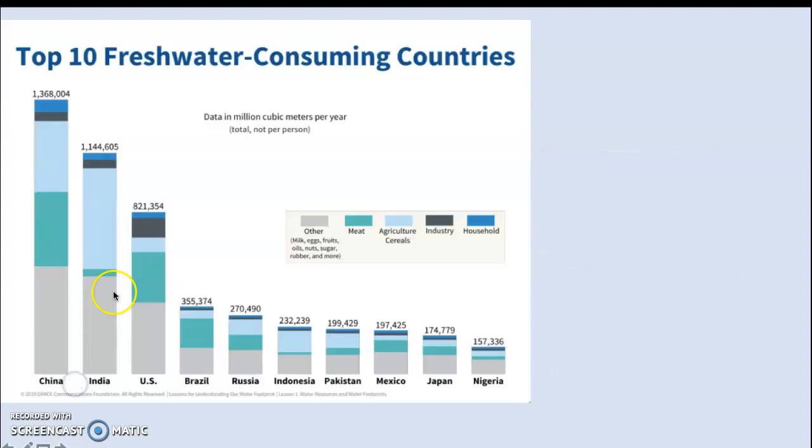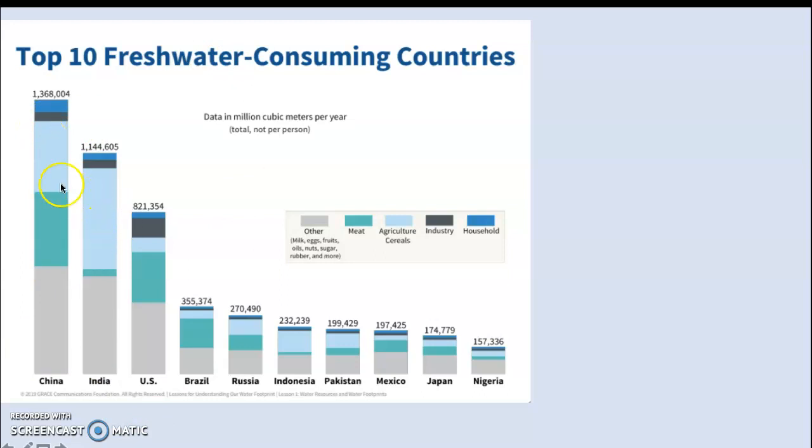Okay? So what does it look like when we break down who's using the water? Because I'm saying you a lot, okay? As a citizen of the United States, we are ranked third in our use of water. China and India both use more water than we do per year. But here's where graphs can be misleading.